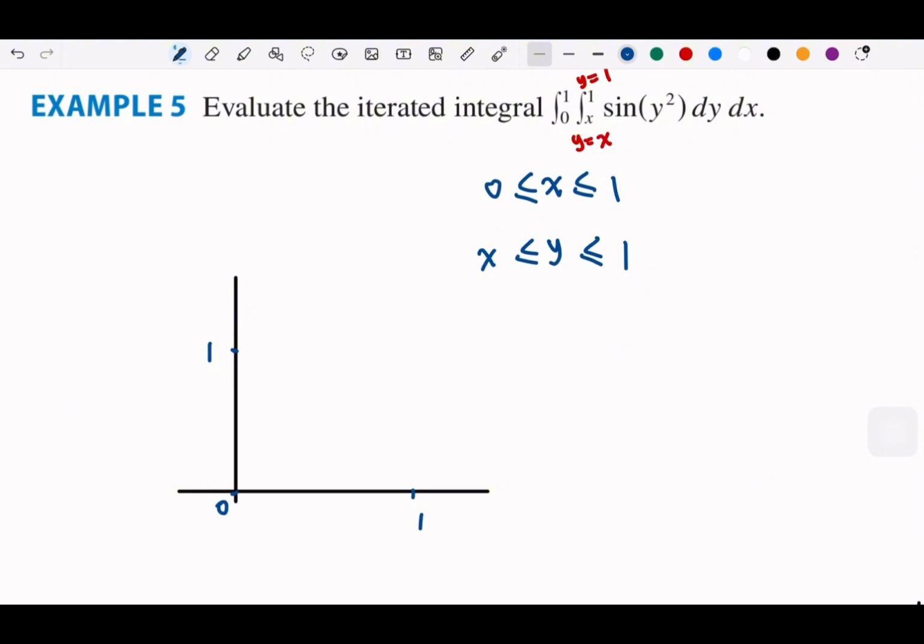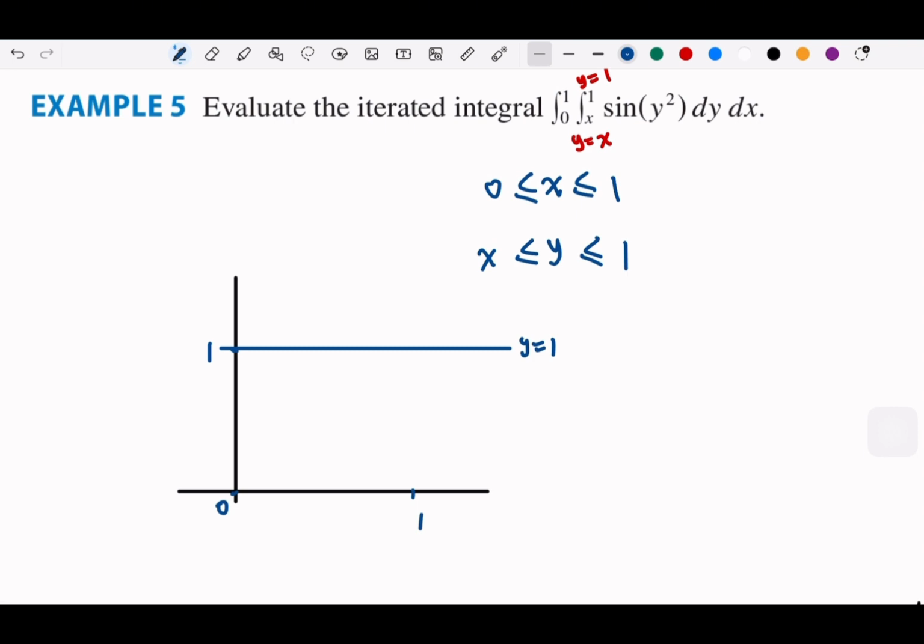That's our other endpoint. So y equals 1 is this, I think we can draw a line on that part, and then y equals x is just a line like that. So then the area that we want to integrate is this.